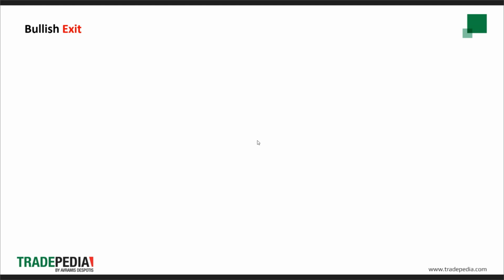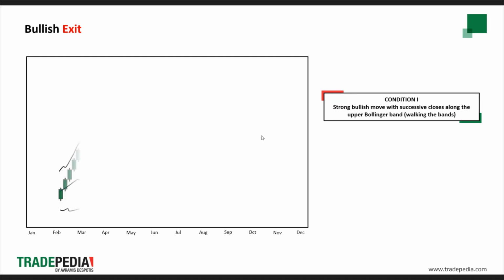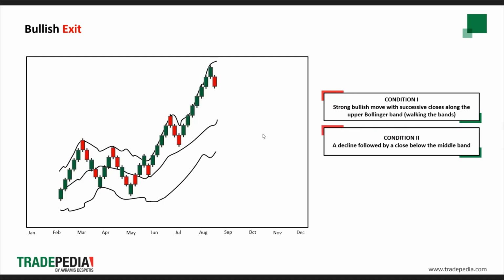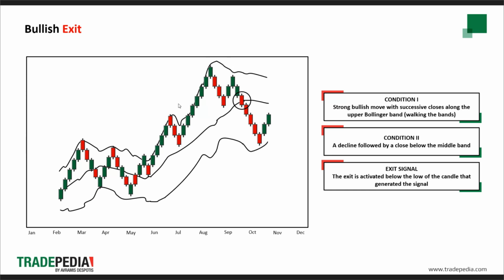All right, last but not least, the bullish and bearish exits. Bullish exit means, let's say you are long from here, and you ride all the nice price action up, the bullish trend up.